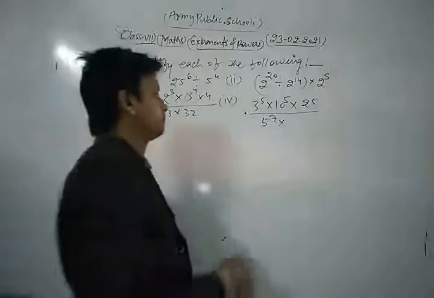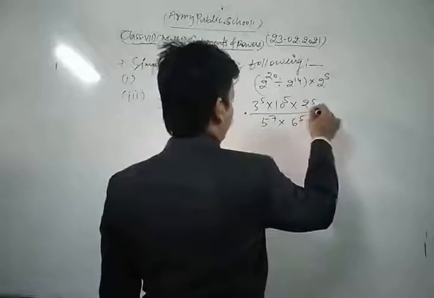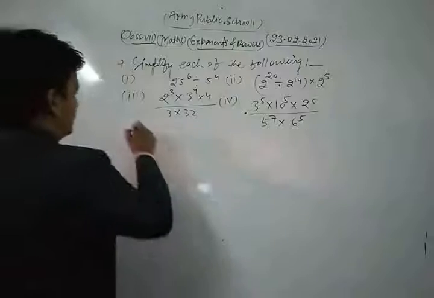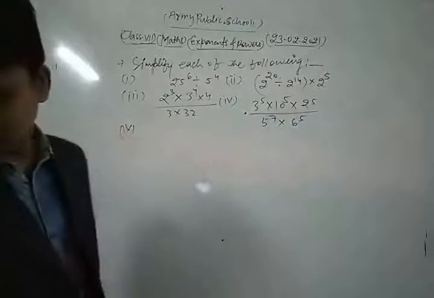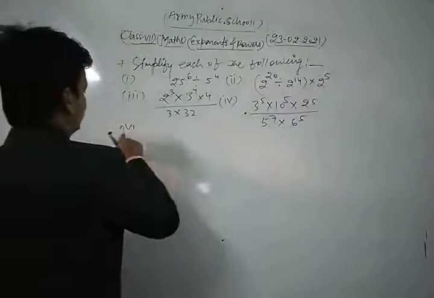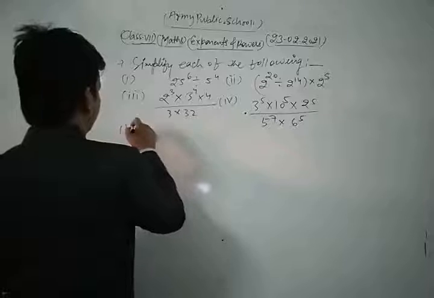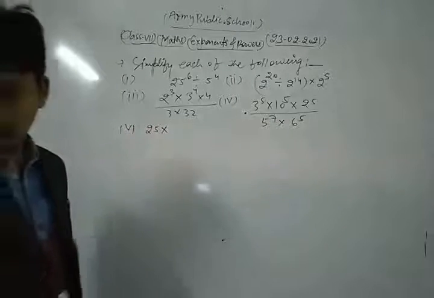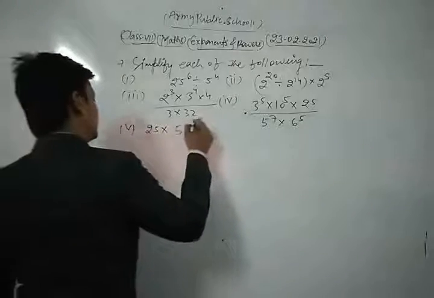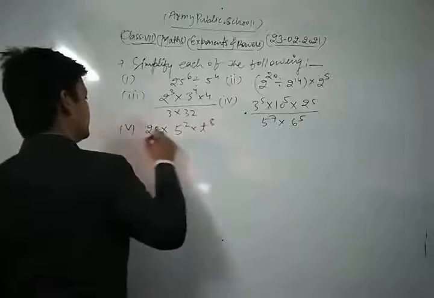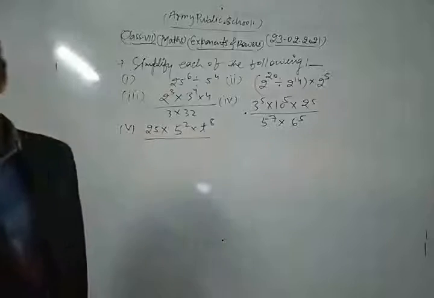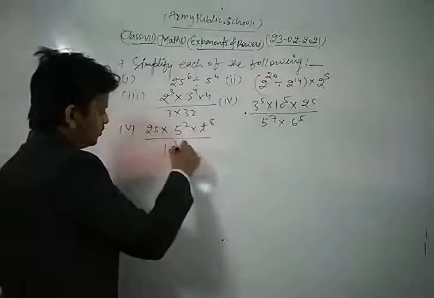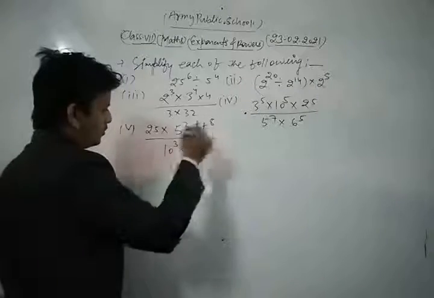Okay. And the last part of this question is what? 25 into 5 square into t power 8 upon 10 to power 3 into t power 4.